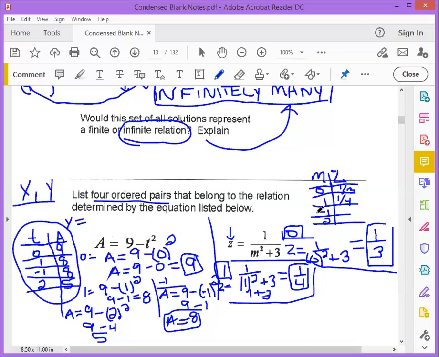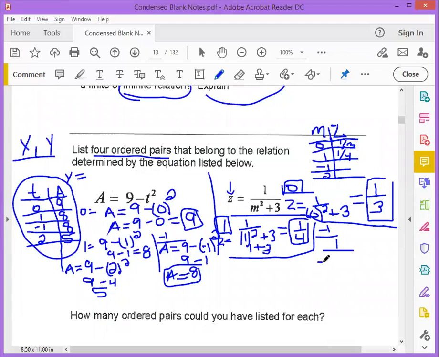Next, we're going to plug in -1 for m. And we'll have z equals 1 divided by -1 to the second power plus 3 in the denominator. -1 to the second power is just 1, plus 3.